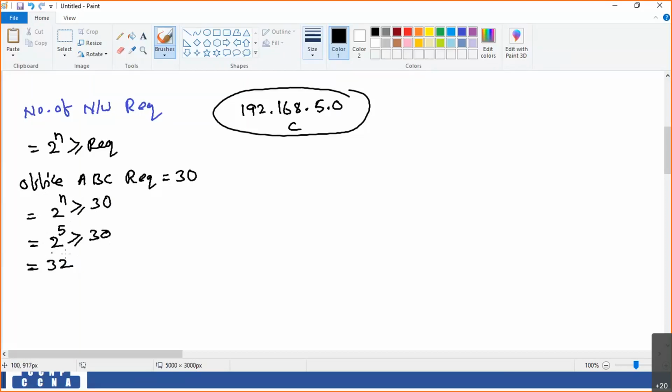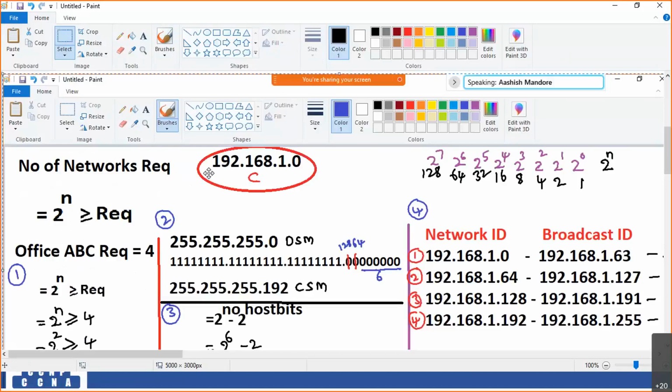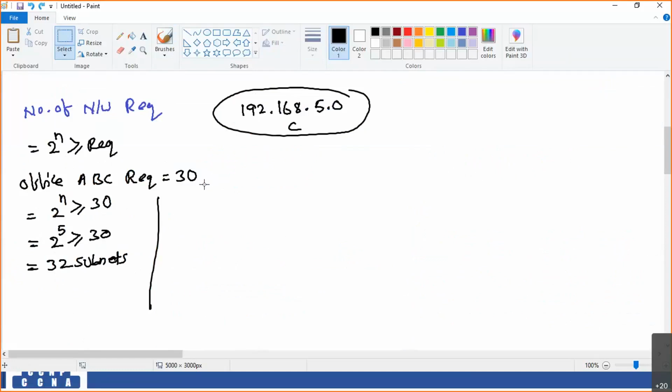Out of 32, you can use 30, no problem. 32 subnetworks, class C. Why did we use 2 raised to 5? Because the requirement is 30, you have to use 2 power 5, which is 32.